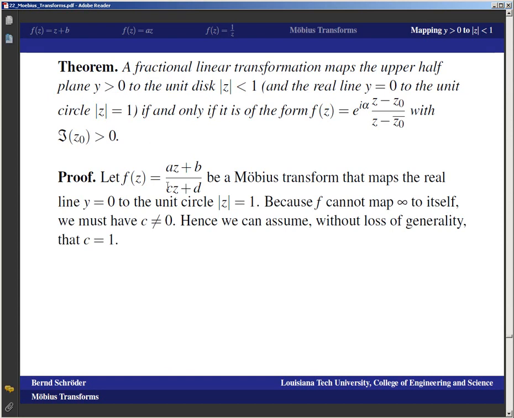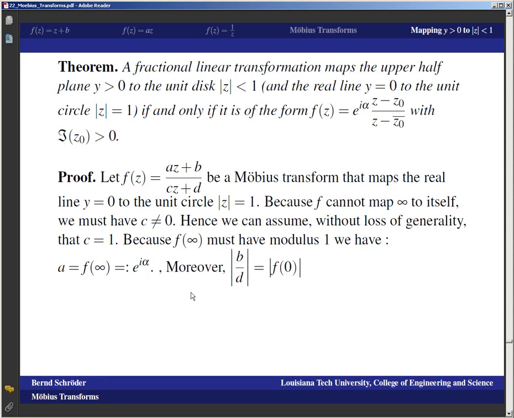Otherwise, we could always just factor out a c in the denominator and stick that as a fraction into the numerator. And because f of infinity must have modulus 1, we also have that a is equal to f of infinity, because if c is equal to 1, then infinity will go to a. And because it has modulus 1, we can set that equal to e to the i alpha.